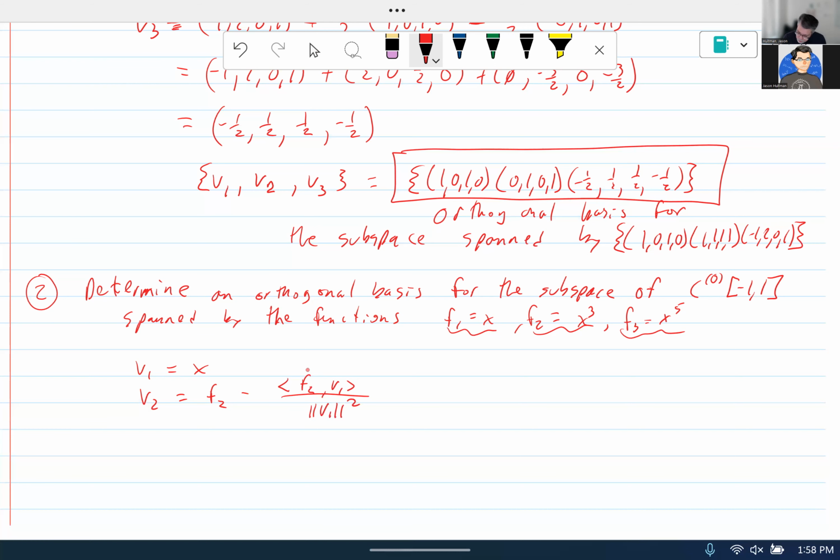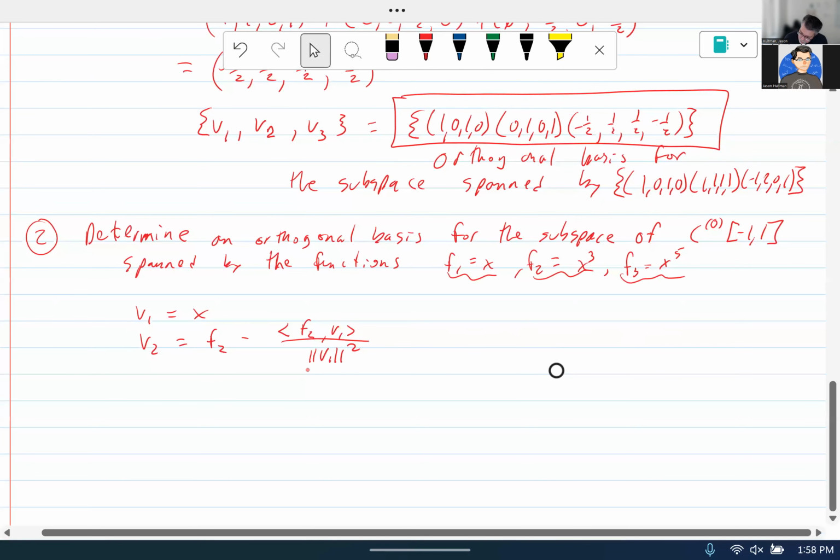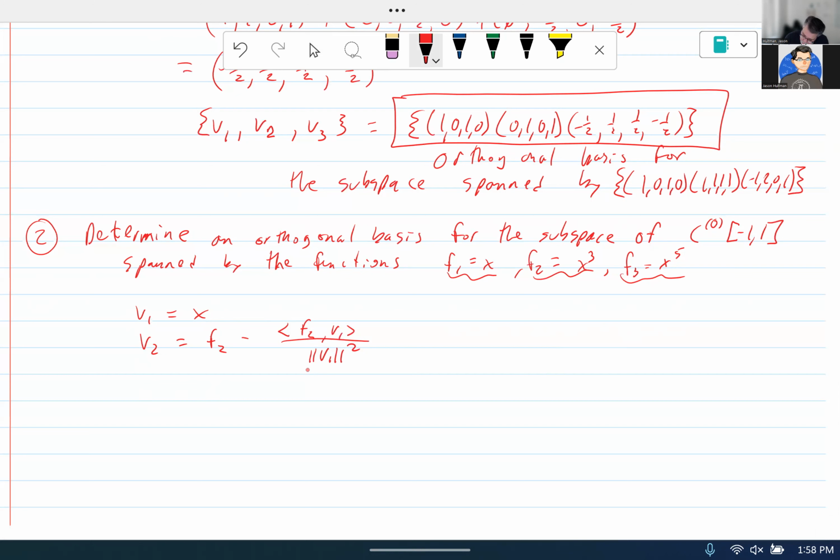So let's see what these are. The inner product of f2 and v1 is going to be equal to the integral from -1 to 1 of f2, which is x cubed, times v1, which is x, dx, which is equal to the integral from -1 to 1 of x to the fourth dx, which is x to the fifth over 5 from -1 to 1.